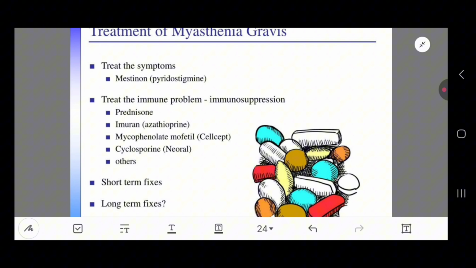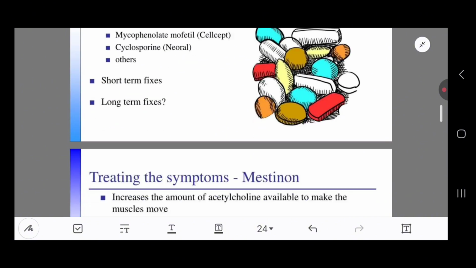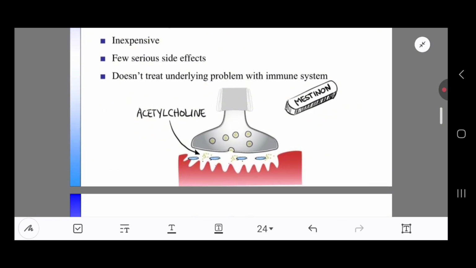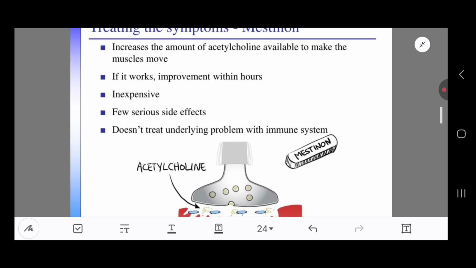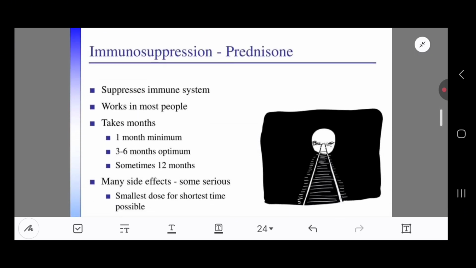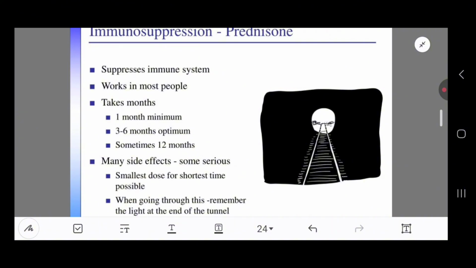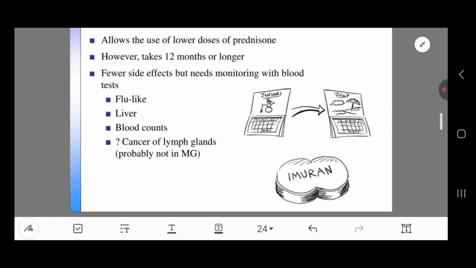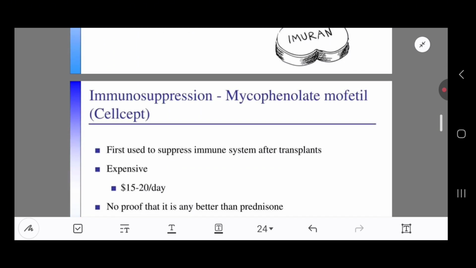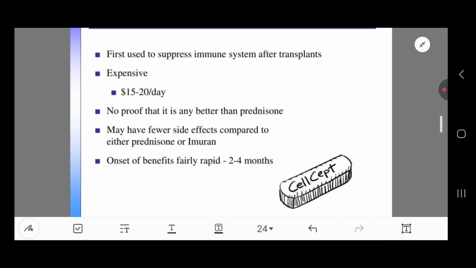They inhibit the immune system. Mestinon increases the amount of acetylcholine available to make the muscle move. If it works, improvement comes within hours. Prednisone also suppresses the immune system, but the treatment takes months, from 1 to 12 months. Also we have mycophenolate mofetil, and this one is very expensive.